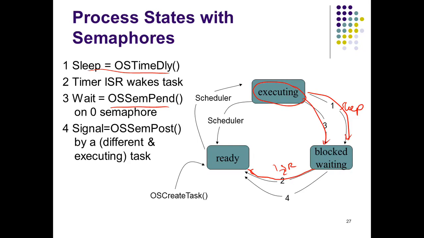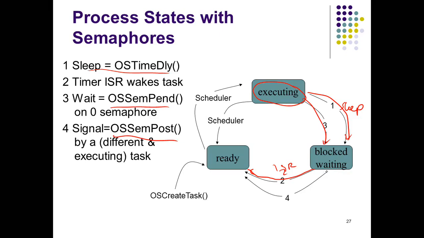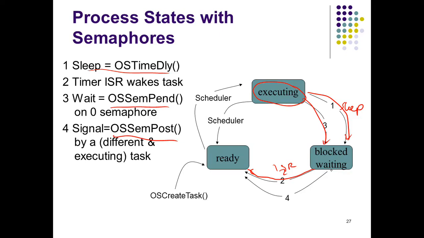And it's going to stay there indefinitely until some second process which is executing does an OSSemPost. That OSSemPost is potentially going to push the first task from the blocked queue to the ready queue.